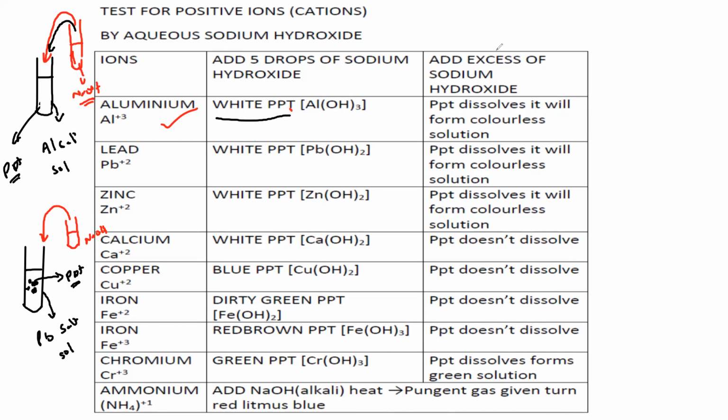But when we add excess, too much sodium hydroxide, first we added 5 drops but now we add too much, for lead as well we'll observe that the precipitate dissolves and forms a colorless solution. The same thing happens for zinc salt as well. So the observation for lead, aluminium and zinc is the same. For example, we have a zinc salt.